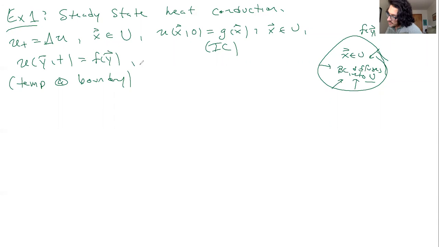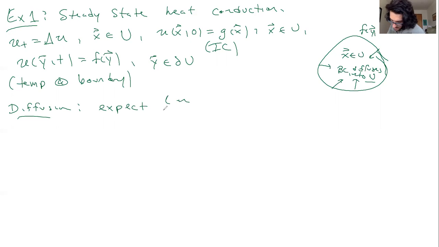So this is on our boundary here, the boundary of U. And with diffusion, essentially what we expect is that in the limit as time goes to infinity, u of x,t is equal to v of x.